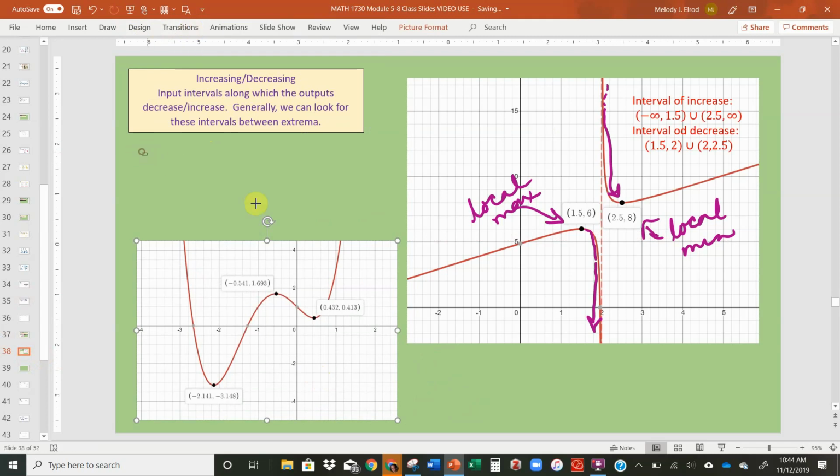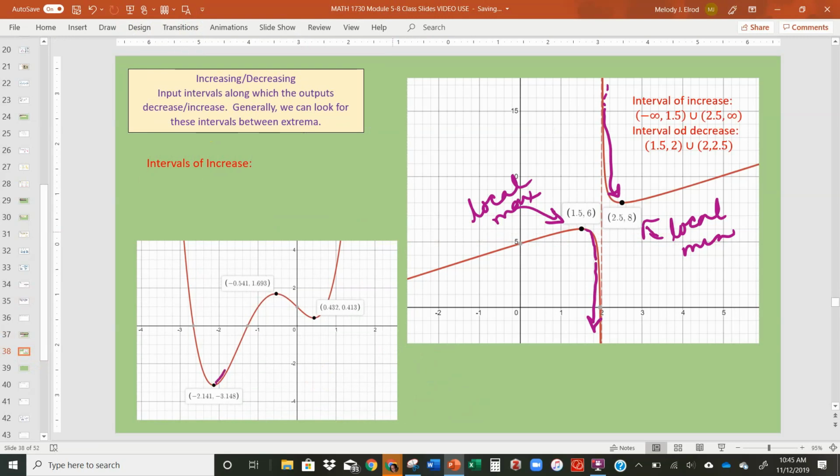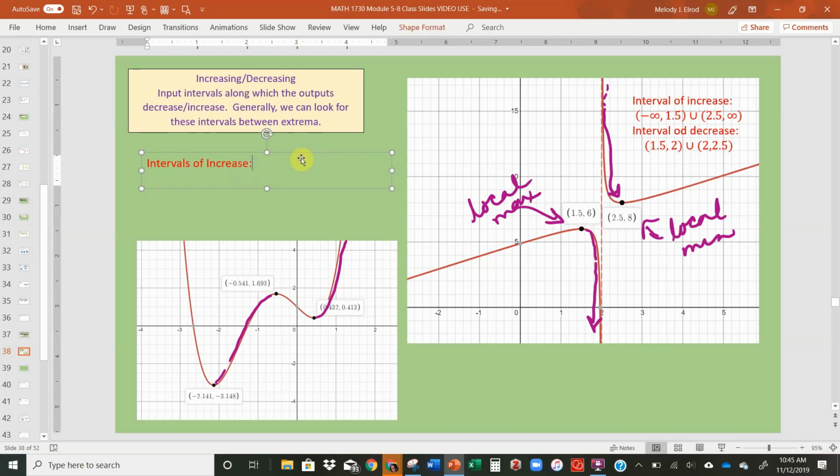So intervals of increase. Okay, well, we've got one here. We've got another one here. Those local extrema and the absolute extrema are going to help us to think about that. So let's put those in.